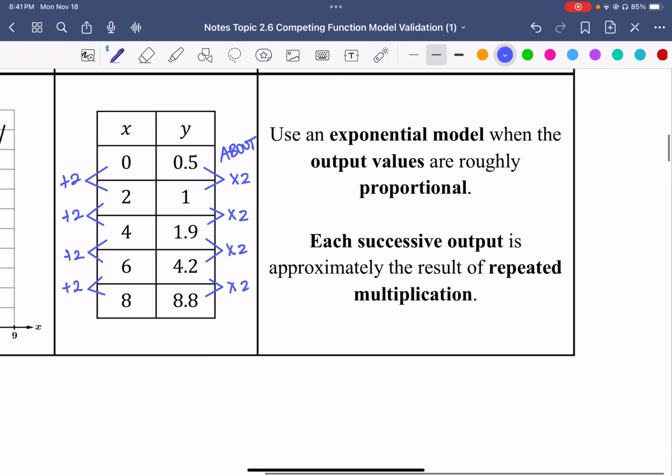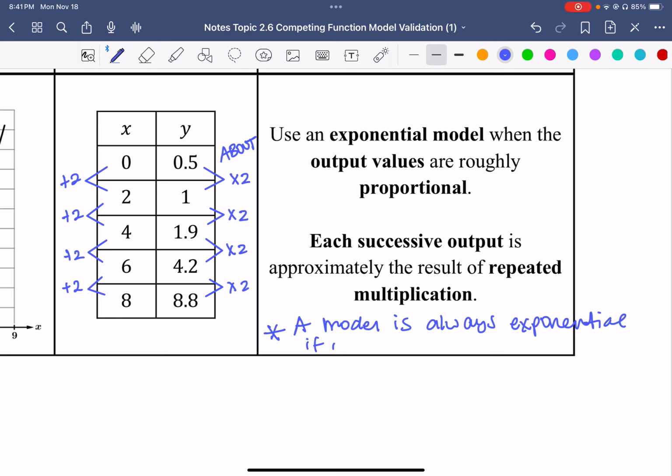For exponential, I also want to add here that a model is always exponential if the rate is given as a percentage.